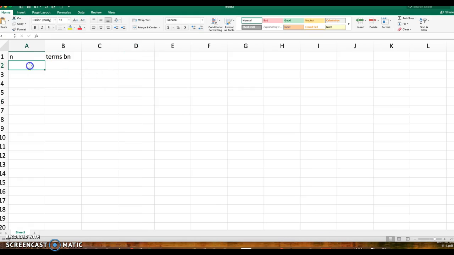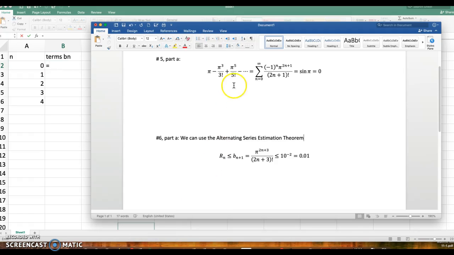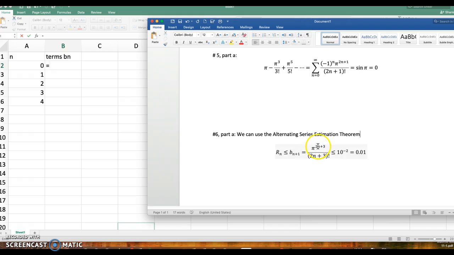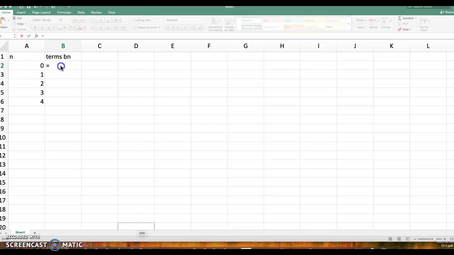All right, so I have a spreadsheet. We start at 0 for this series, and I'm going to look at these terms bn. I want to enter this formula in: pi to the 2n plus 3. In Excel or Google Sheets, to do pi, it's PI and then open close parentheses, so pi is a 0 argument function.